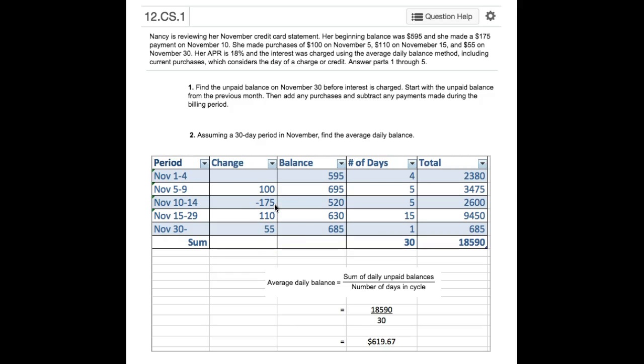So subtracting off the 175. Well, that's what we've done to arrive at this $685 mark. So that would be our answer for number 1.